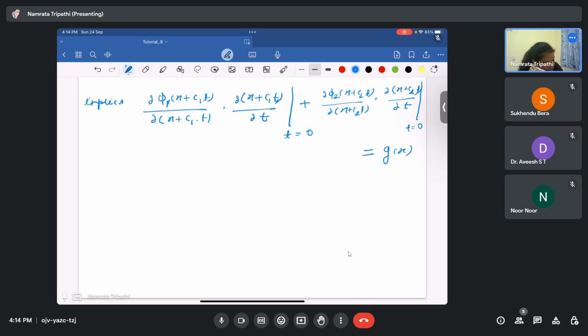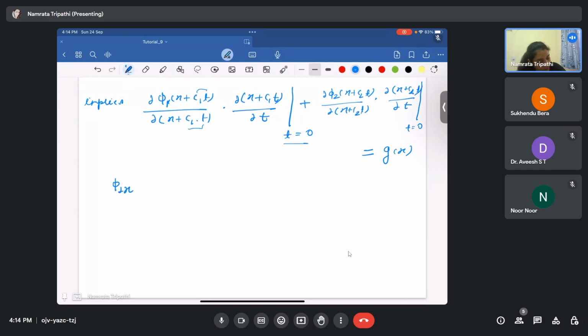So after substituting t equals 0, this will become 0, this will become 0, then you will get phi 1 dash with respect to x.